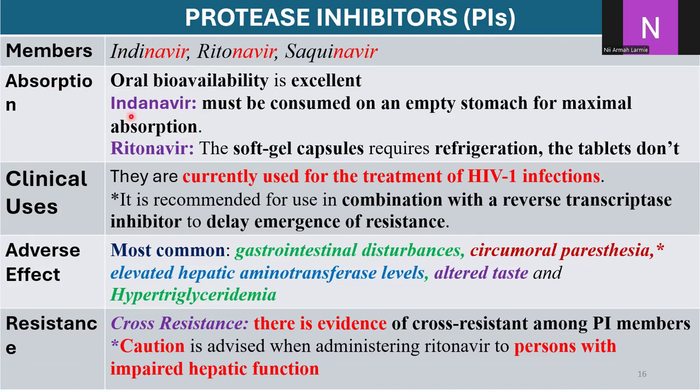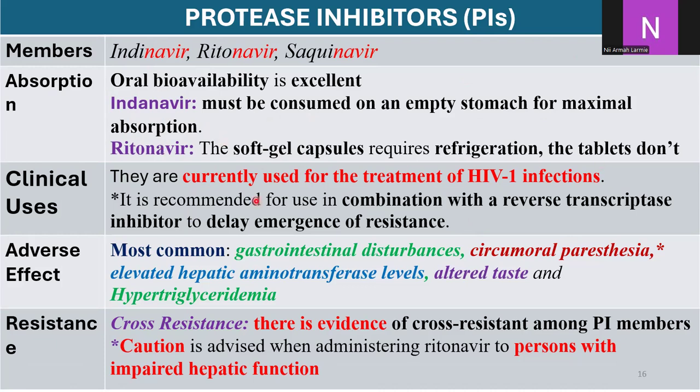Indinavir, we say, must be consumed on an empty stomach if you want the best absorption. Ritonavir comes in two forms, a soft gel or a tablet. The soft gel capsule must be refrigerated. The tablet doesn't need refrigeration. In Ghana, we're using the tablet.